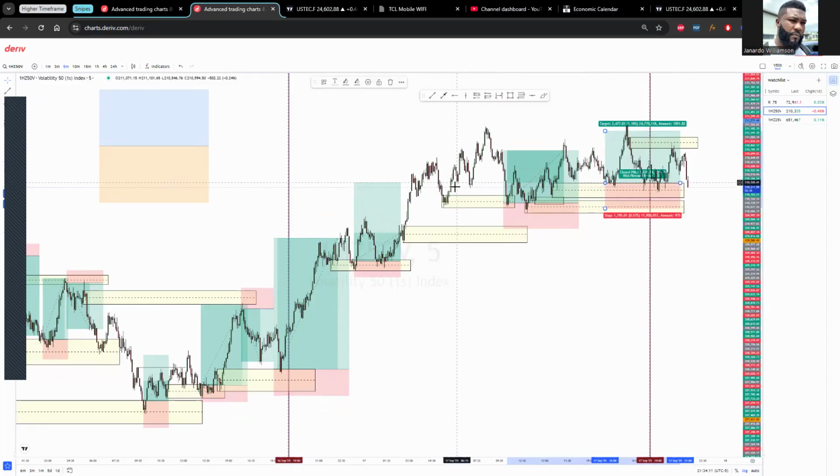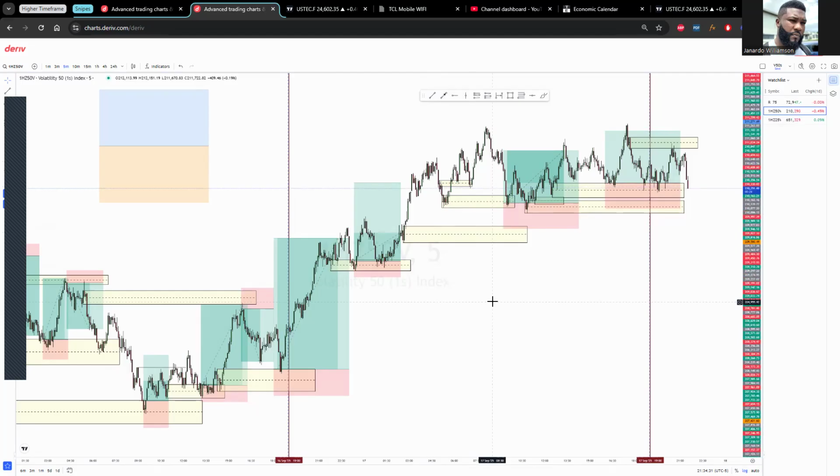This one, we kind of induced this low here and used this zone as some type of breaker situation. So this could have been an entry opportunity. Not sure that I would have spotted this in real time, so I'm not even going to mention this one as an opportunity. But there are several opportunities, guys, to get into these trades.